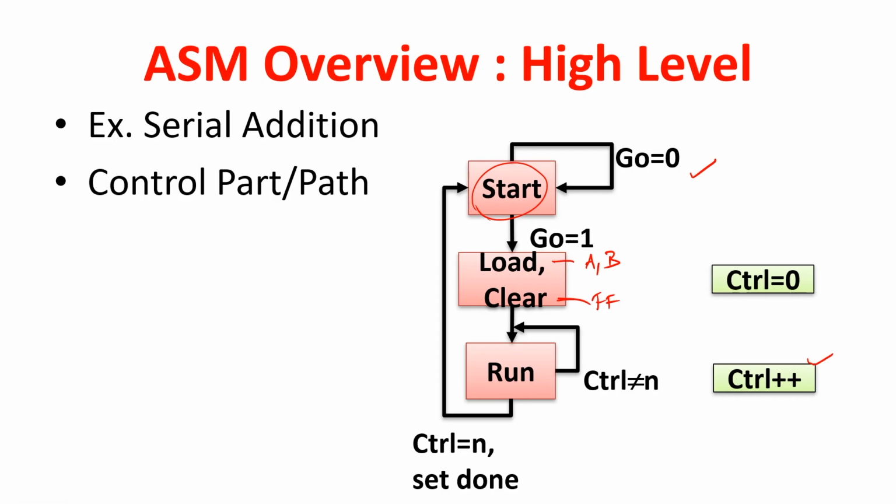the value, and it will run up to, in our previous case, suppose n is equal to 8, then it starts with 0 and goes up to 7, and when control is equal to 7, then it sets done. That means it will do it 8 times.